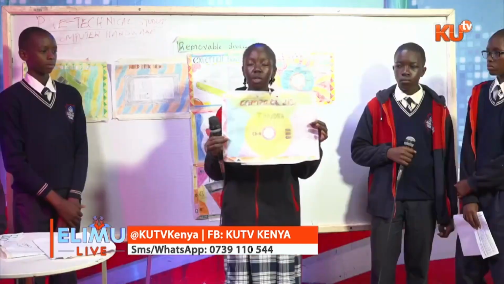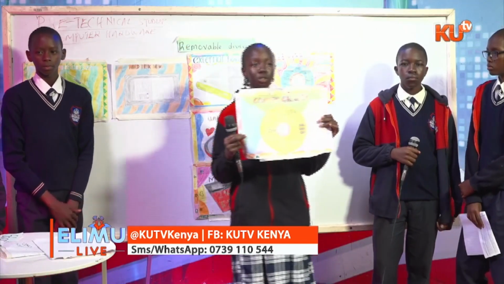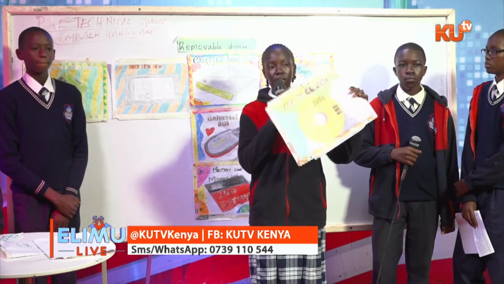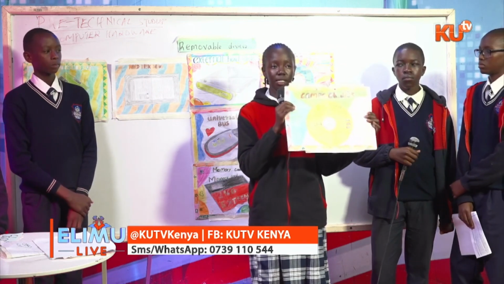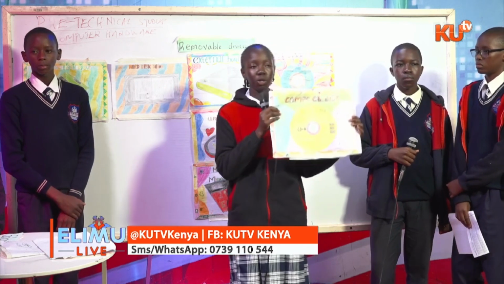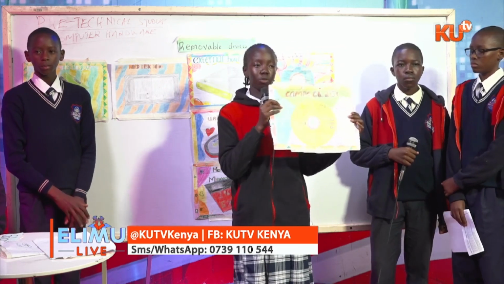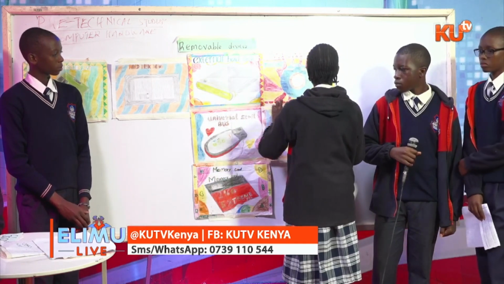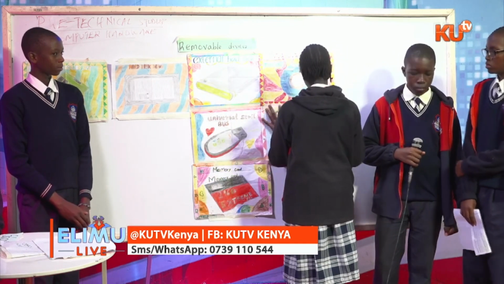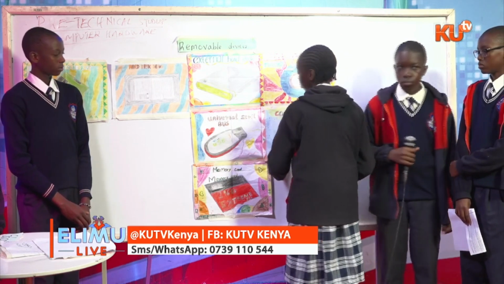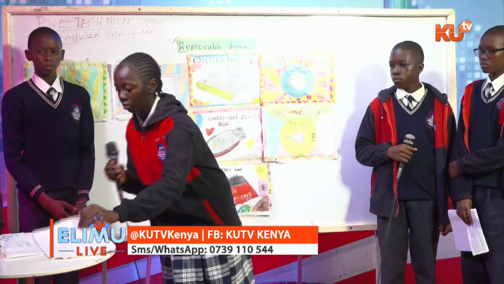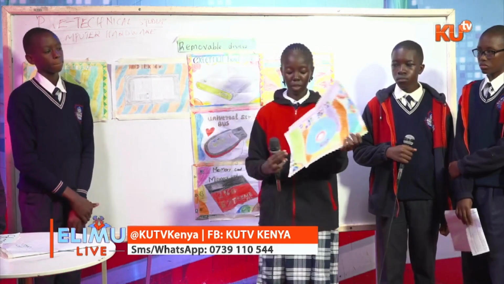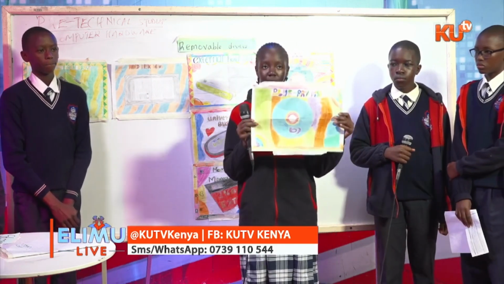Number 5, we have the compact disc. This is a digital device that stores data and backup in audio and video in digital form. Here we have the Blu-ray disc.